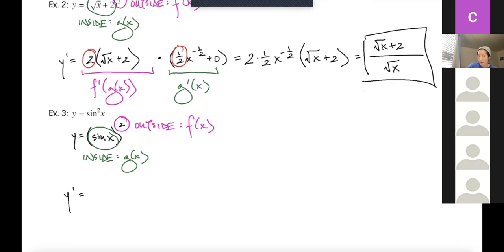All right, so y prime, if we follow the same idea we've been doing before, and we set this up to be the derivative of the outside piece, pretending like the inside were an x, we would get 2 times sine x.